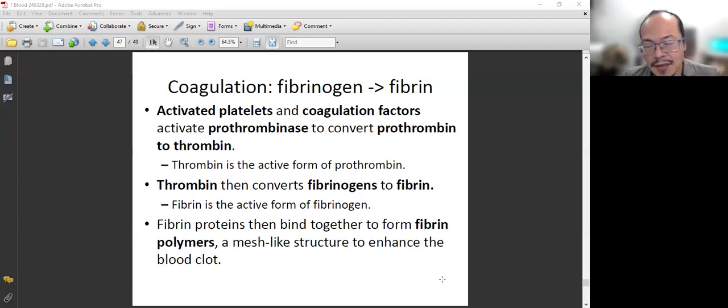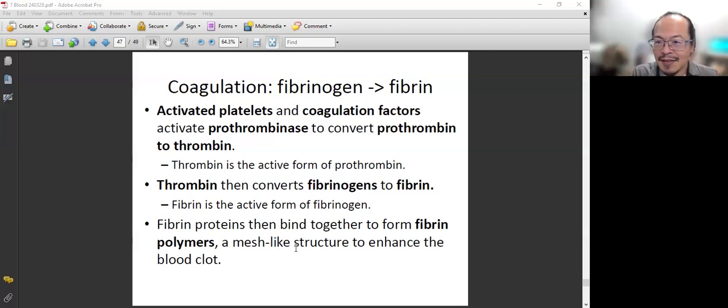And so in the end, it will activate the prothrombinase to convert prothrombin to thrombin. And then thrombin will convert the fibrinogen to fibrin. And then we have the fibrin polymers, a mesh-like structure to enhance the blood clot.